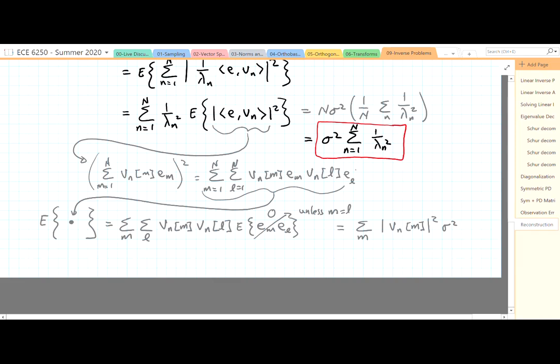That was part of E. And we now have essentially the average, or, now that we've multiplied it by n times sigma squared, which is what the norm of E was, times 1 over lambda n squared. So that's our average reconstruction error.